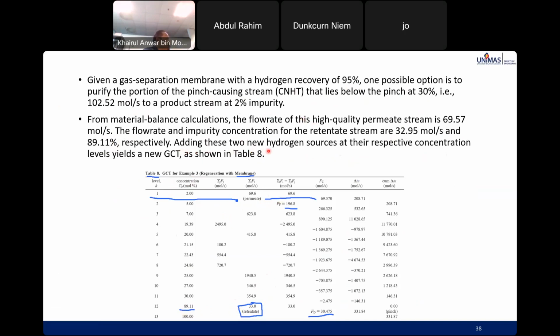Adding these two new hydrogen sources at their respective concentration levels yields a new GCT as shown in table 8. So a new GCT means you need to calculate again Fi minus Fj, then Fc, and so on. If you see here, the pinch is at a similar place.